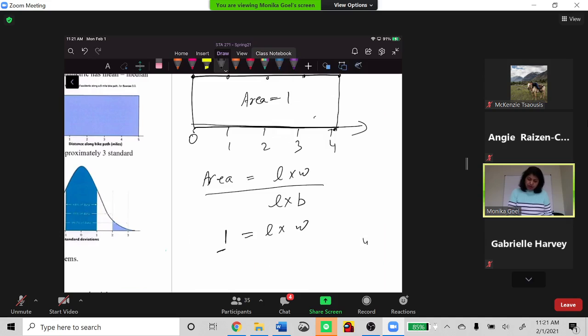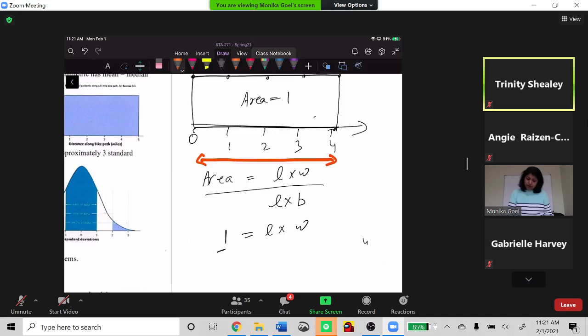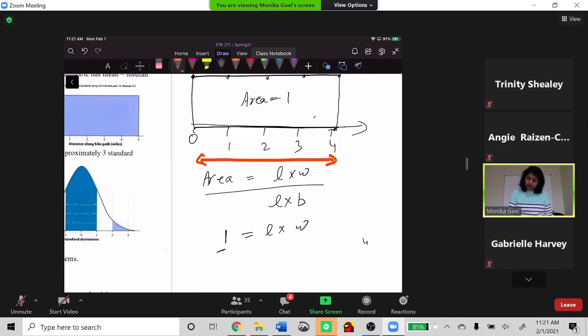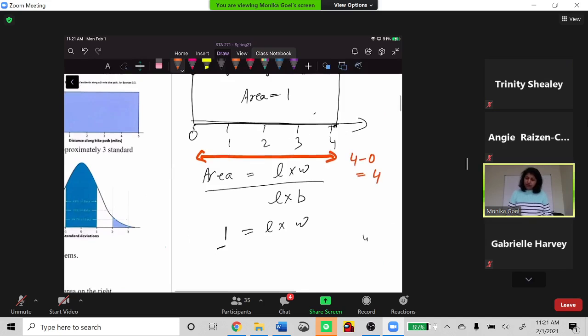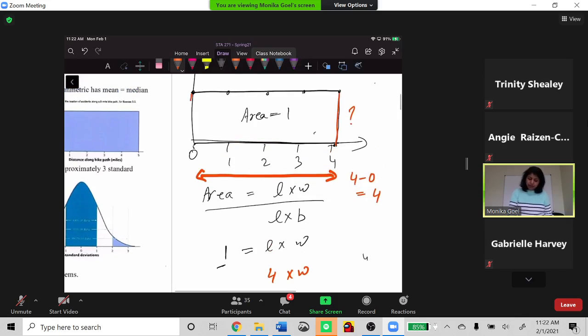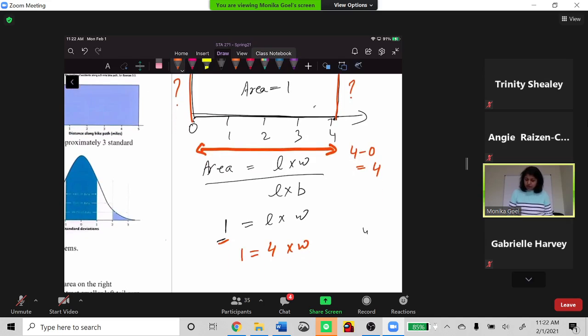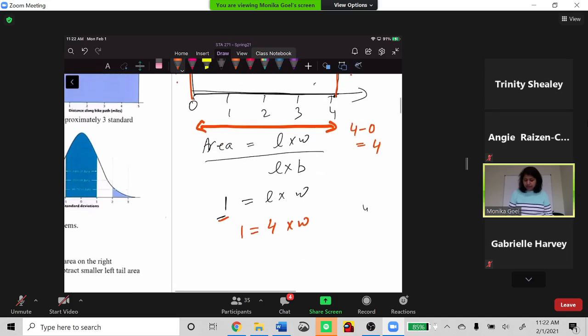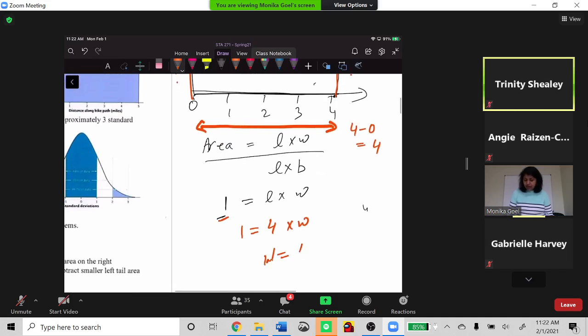If we are looking at this particular example, how much is the length of this? 4. How are we doing this? We are looking for what my maximum is, what my minimum is, and then I can say the length is 4. I don't know what the width of this is, but I know that the area under the curve is 1 whole. So by using this information, can I find the width of this rectangle? Yes, and that will be 1 over 4.